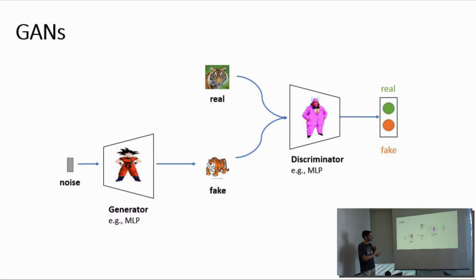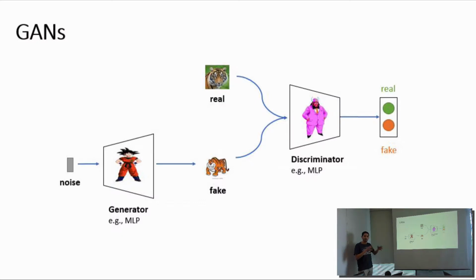They compare the output of the generator to the real images. If they look similar, they retain it somehow. If they don't look similar, they update the generator. The idea is to keep updating the generator until it's able to generate something that looks like real images.